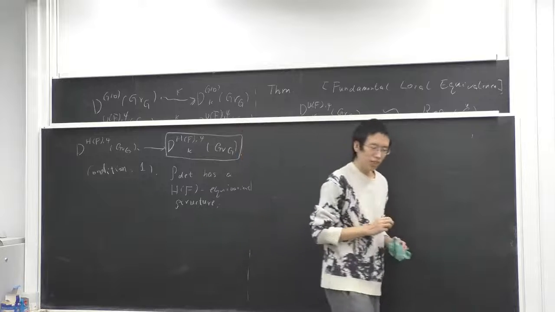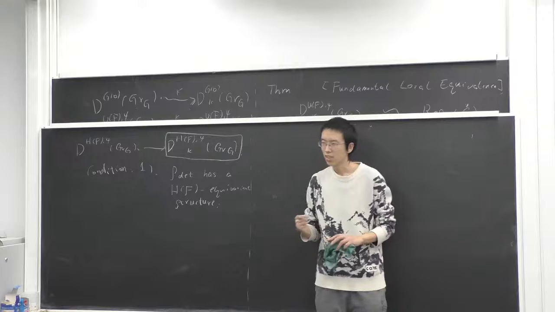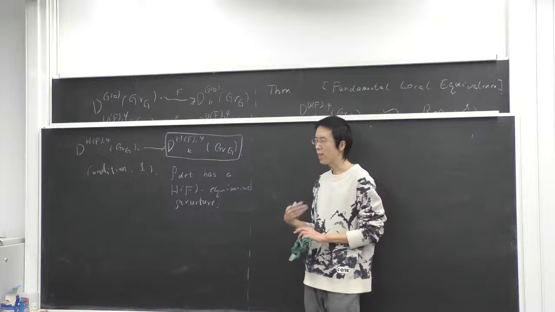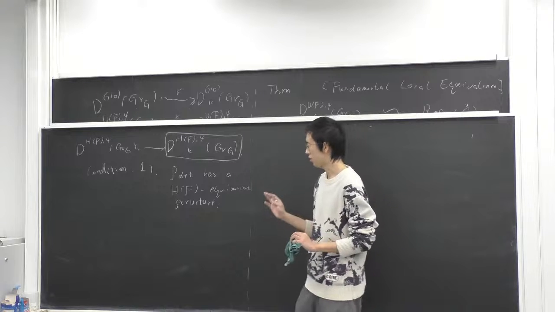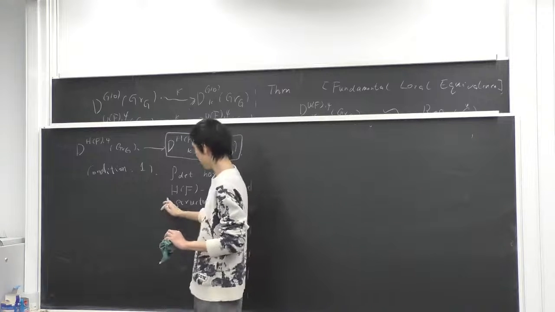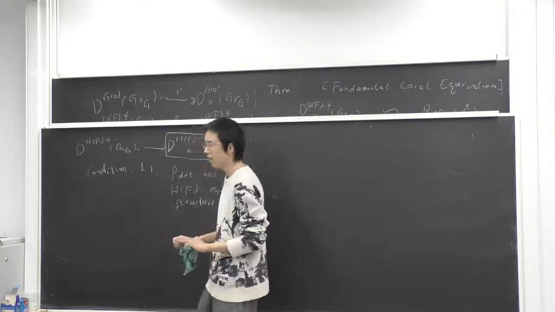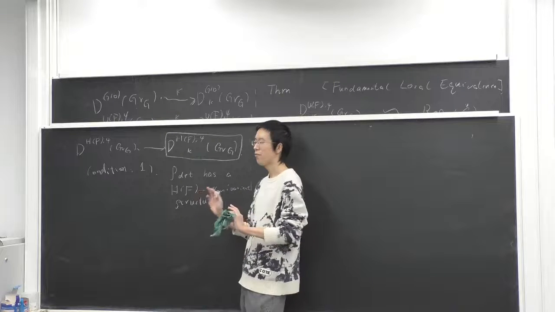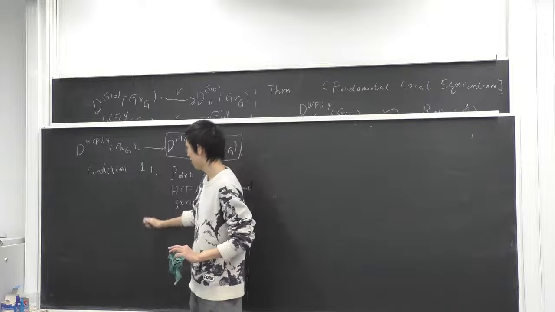In other words, we can make it more precise: it means there exists a non-degenerate G-equivariant bilinear form on the Lie algebra of G, which is trivial on H. Notice that H is a subgroup of G. So that is the first condition. Actually, this condition is already very strong. We don't have many examples which satisfy this condition.